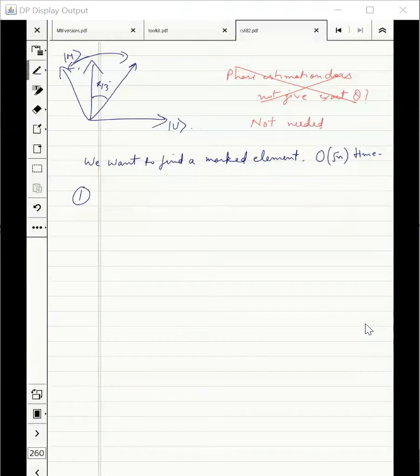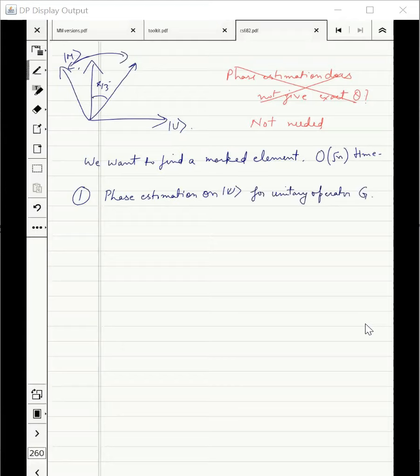You want to figure out the number of marked inputs, right? So the first step would be to do phase estimation on psi for the unitary operator G. Okay, so probably you were saying that we need to create psi.